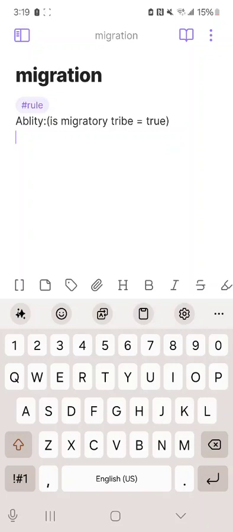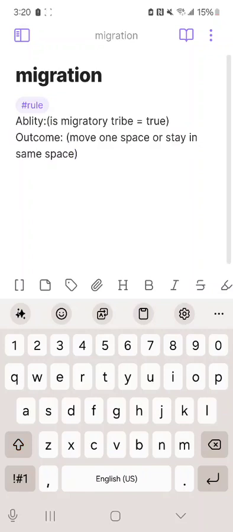So you would be able to move around, you would be a migratory tribe for a while, and then you would turn into something like this. If you're one of these moving tribes, you would be able to move 1 space a turn, or just stay where you are.